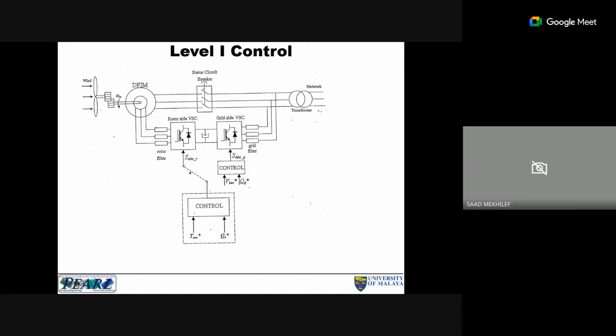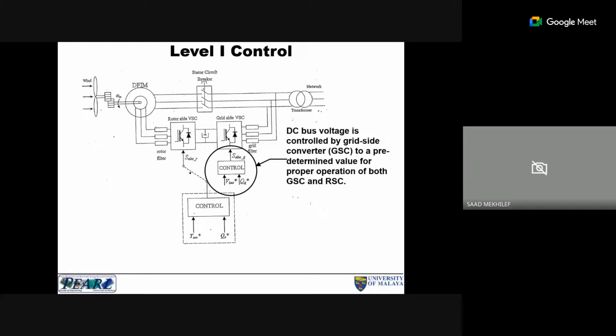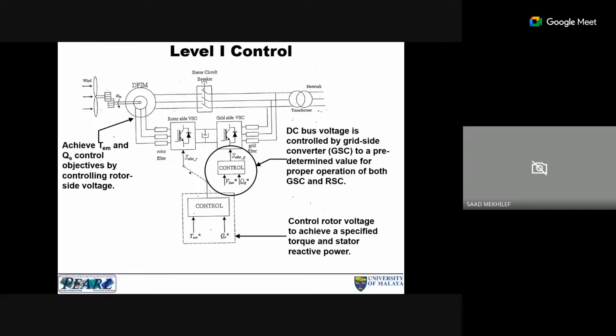And then here, this is in charge of the DC bus voltage control by the grid side. And then here, the active torque and the Q control is done at the DFIG. And then here we control the rotor voltage to achieve the specific torque and the reactive power that is required from the grid.